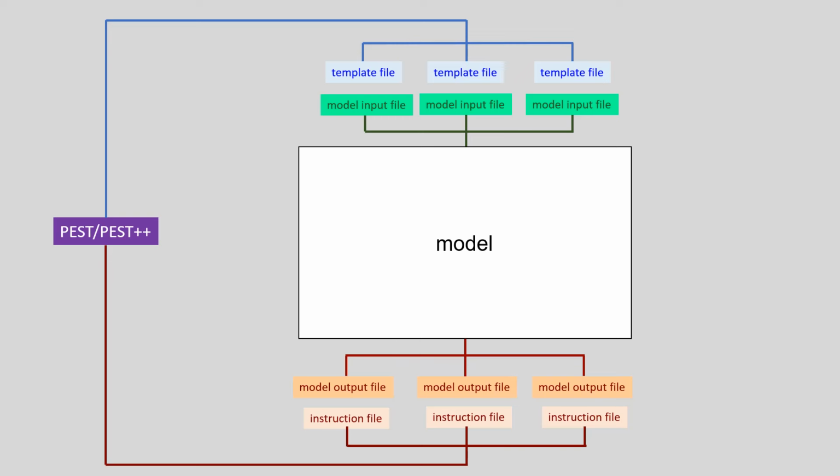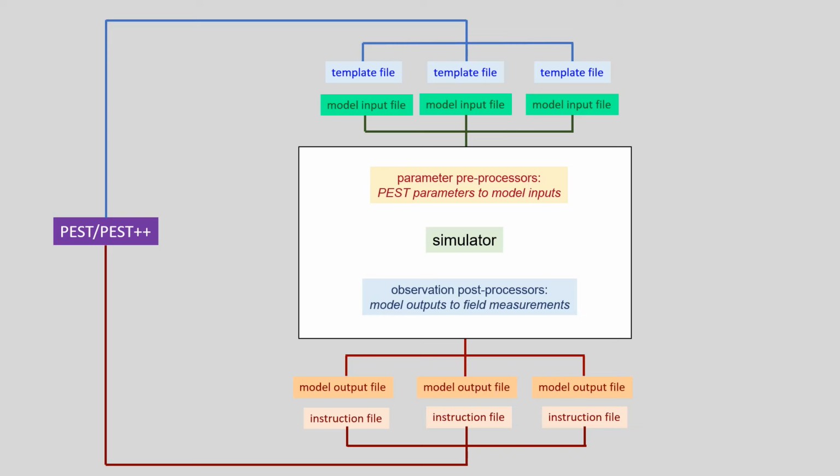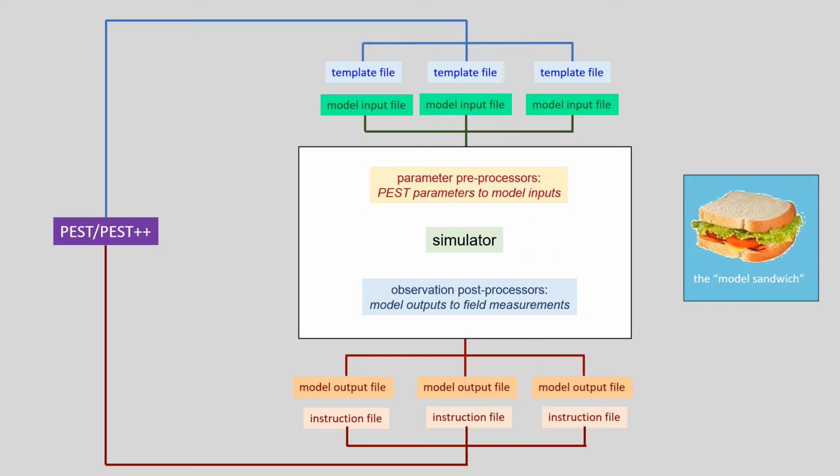Now in most cases in which PEST or PEST++ is being used to perform operations which support decision making, the model that PEST or PEST++ is running is actually going to be comprised of a simulator plus pre-processors and post-processors. In other videos I refer to this as the model sandwich. Pre-post processors normally perform tasks that have to do with parameters.